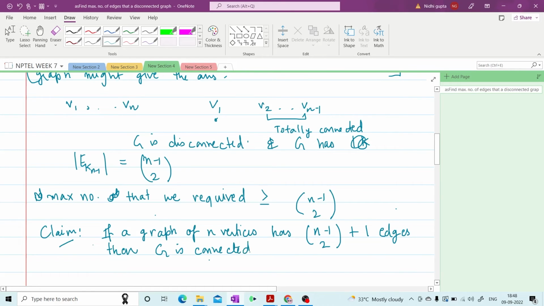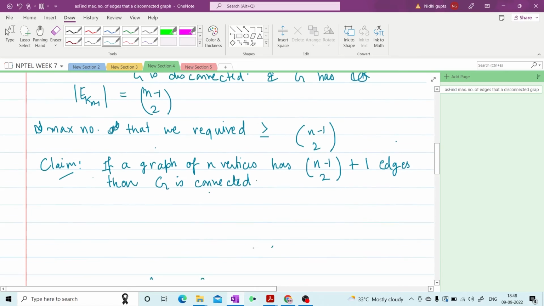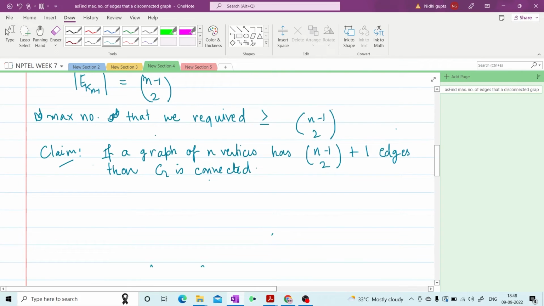And if we prove this claim, we are done. The number that we required is this: a disconnected graph with n vertices can have at most (n minus 1) choose 2 edges, because if a graph has (n minus 1) choose 2 plus 1 edges, then it stops being disconnected. It has to be connected.